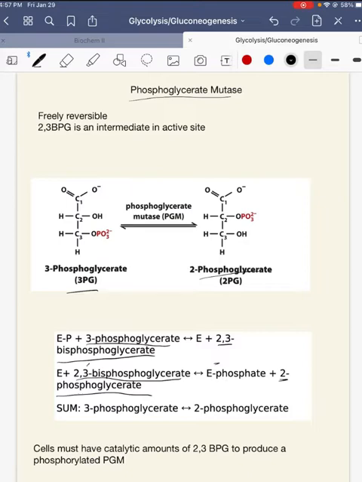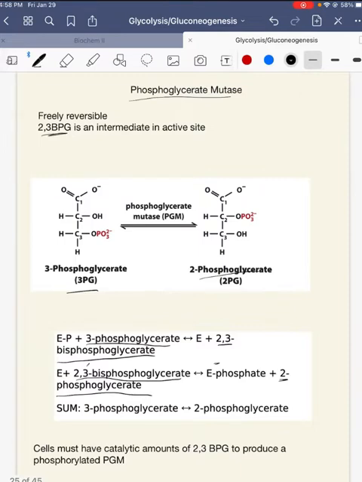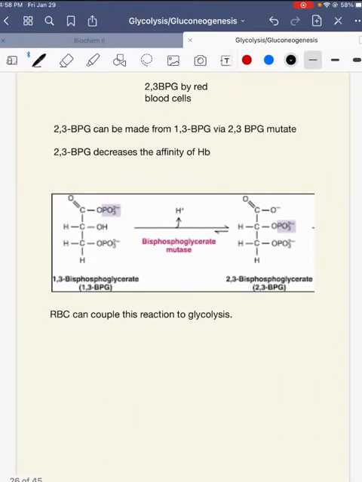So this is important because this can actually act on hemoglobin and release oxygen. I'll talk about it in the next slide, where I have why this might be important for red blood cells. But just know that you need enough 2,3-BPG in the active site for this reaction to run forward.